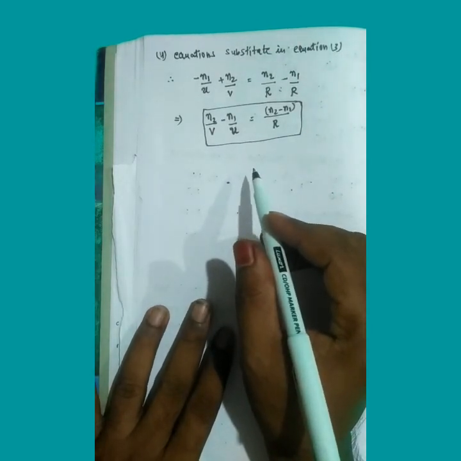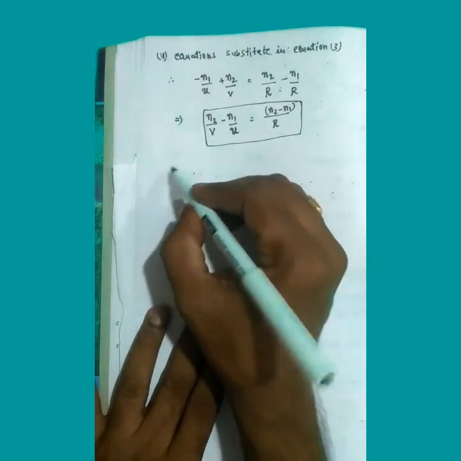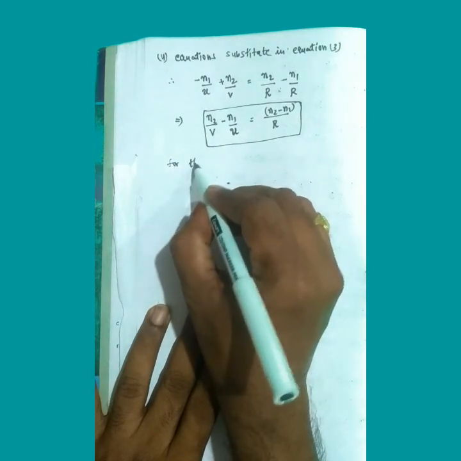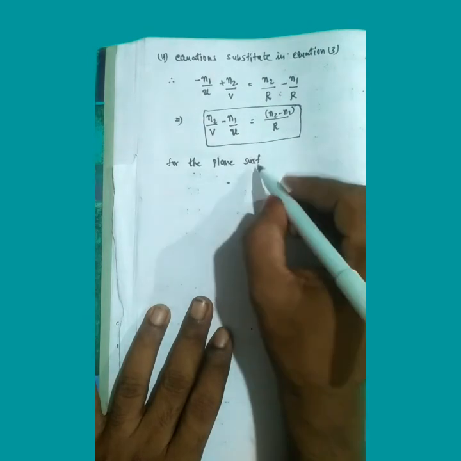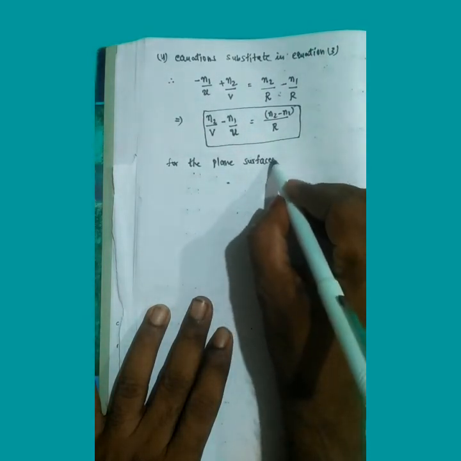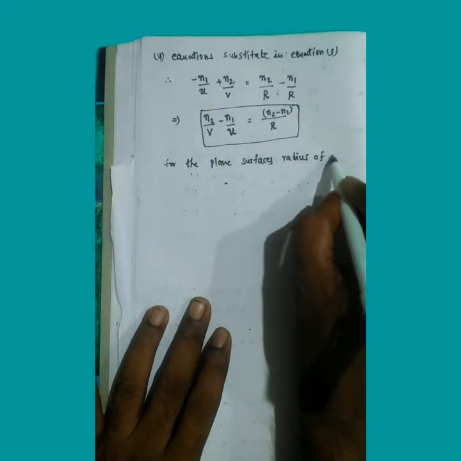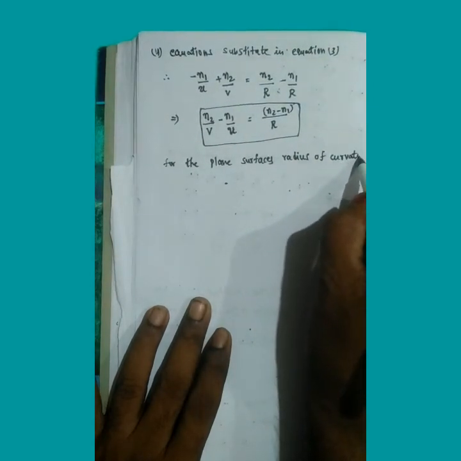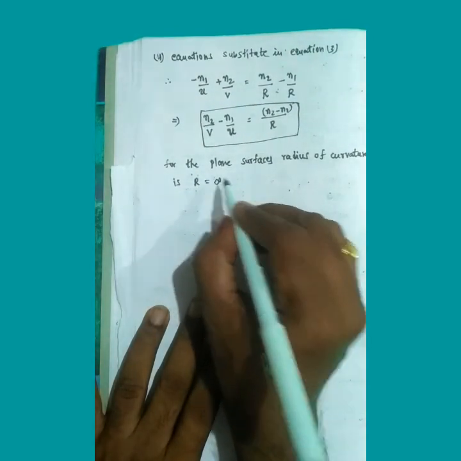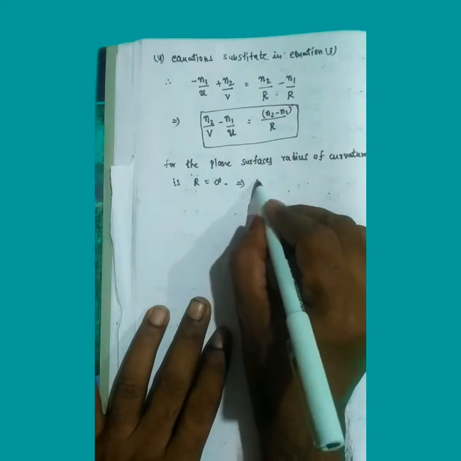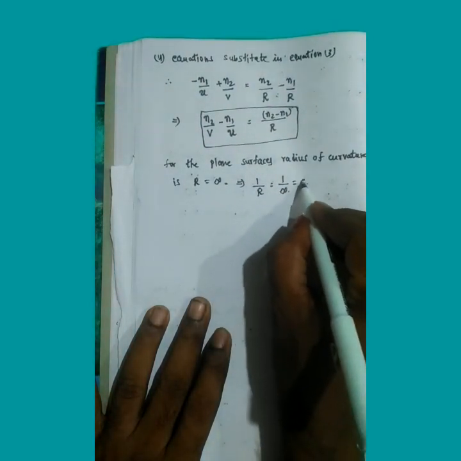This formula can also be used for plane surfaces. For plane surfaces, the radius of curvature is infinity, that means r equals infinity. Whenever r equals infinity, 1 by r equals 1 by infinity, that is 0.